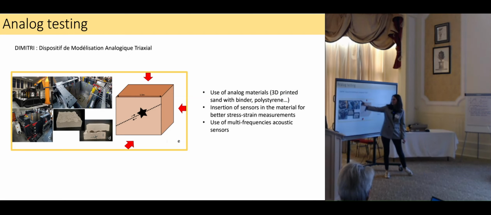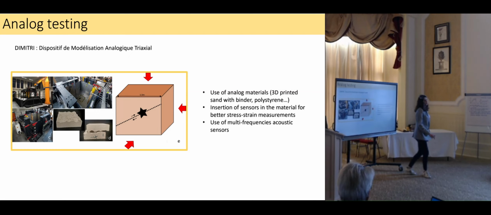You have a crane to carry your sample and so on. The idea is to do solid mechanics in an analog way on weak material to see what we can generate. The machine exists, but it's not equipped yet. So if any seismologist wishes to come and play, you would be more than welcome.